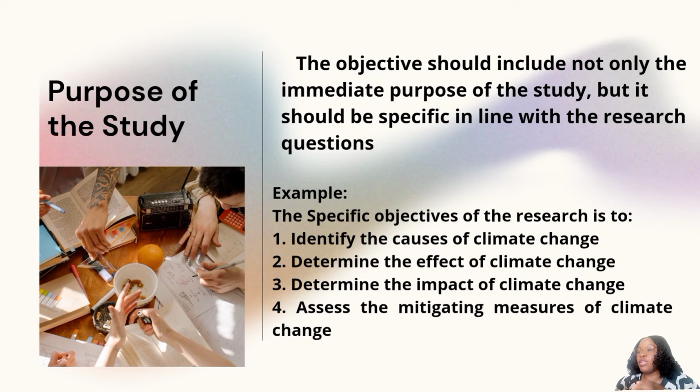The objective should include not only the immediate purpose, which is the central topic of your research work, but it should be outlined and specific in line with the research questions.